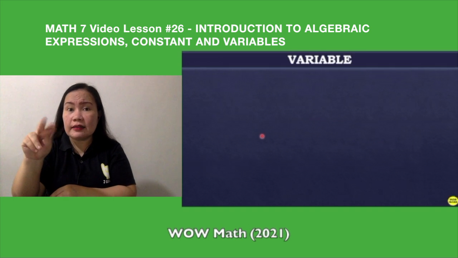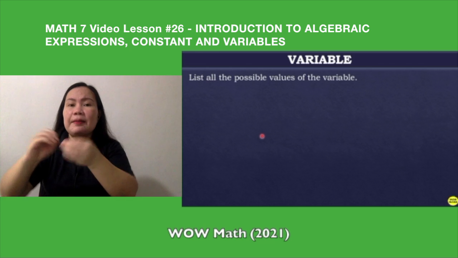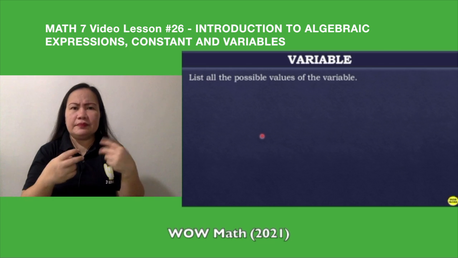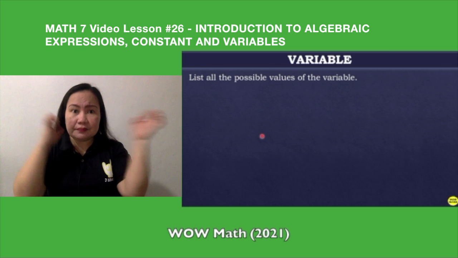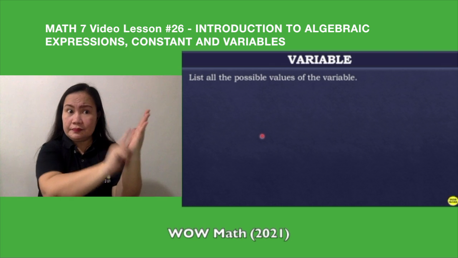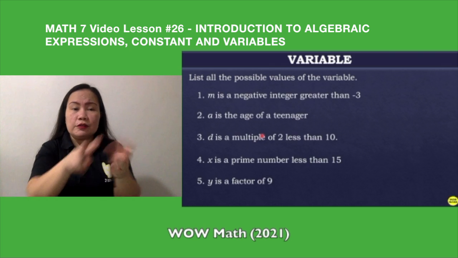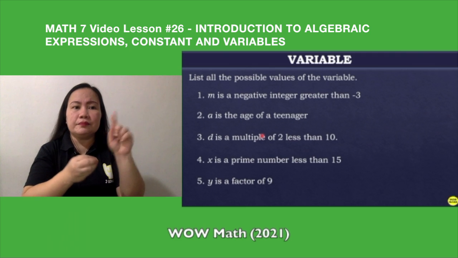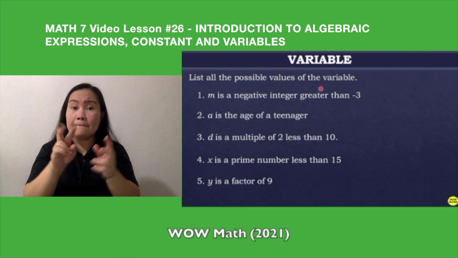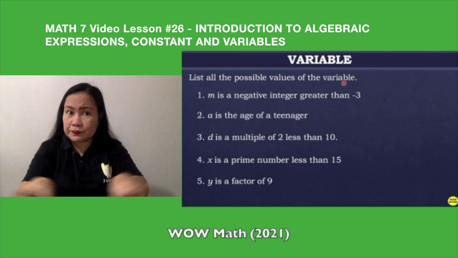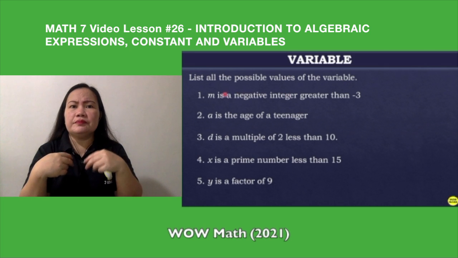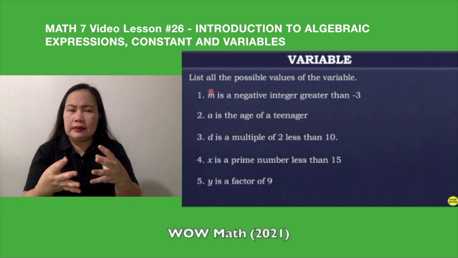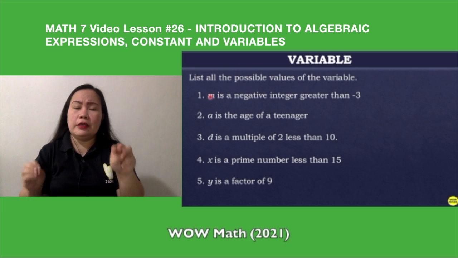Now, so let's have first this exercises. List all the possible values of the variable. So, number 1, 2, 5. Okay. So, since ang variable nga, it changes its value. So, there are lots of possible values na pwede natin ilagay dito sa M. Okay.